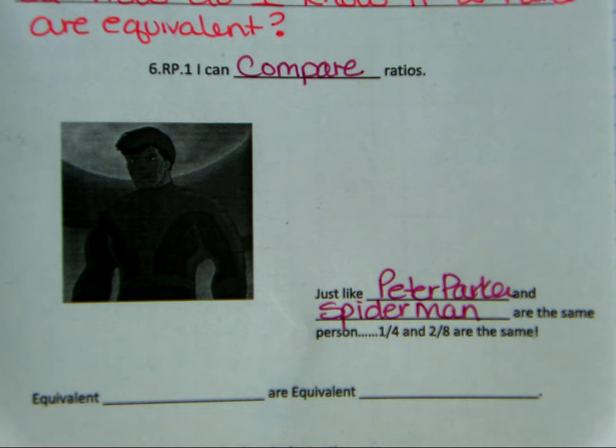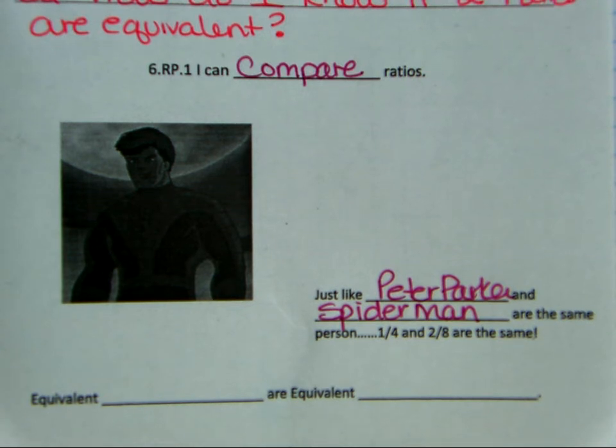So when you look at the fractions 1/4 and 2/8, are they equivalent? Are they the same? Can you simplify 2/8 to 1/4? You can, right? So it's the same thing. When you're thinking of a ratio, just think of an equivalent fraction. Is it equivalent? Is it the same? Could you simplify to get one to match the other?